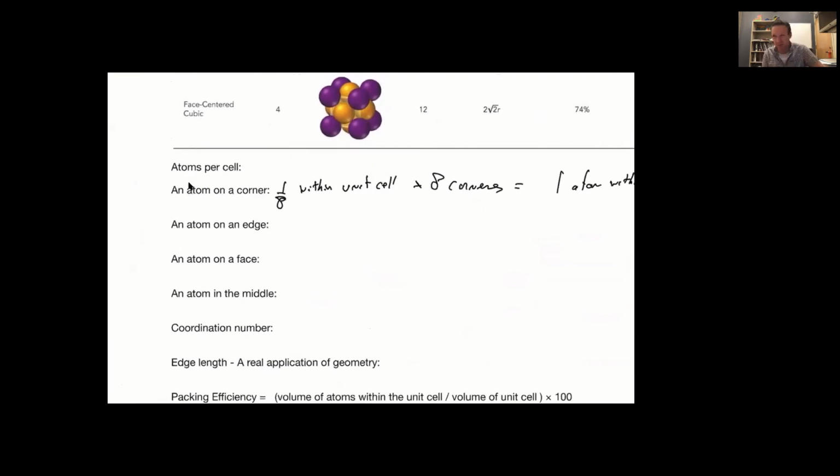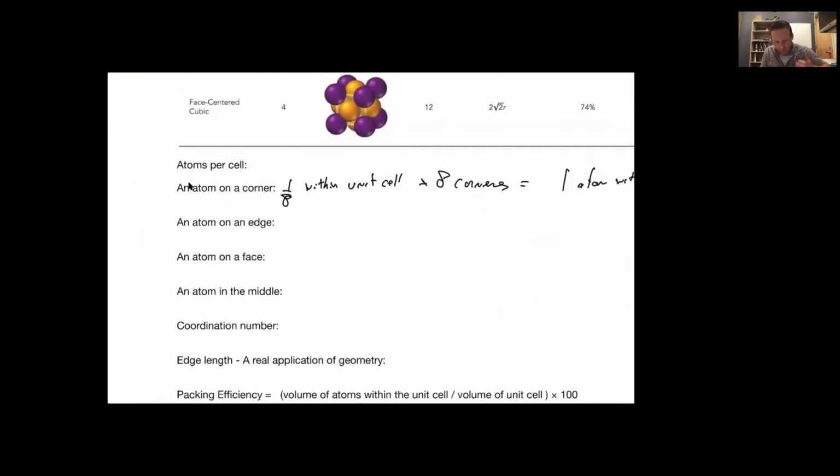Corners are sort of the trickiest to see. The rest of them get a lot easier. If an atom is on an edge of a unit cell, it's 1/4 within that unit cell. It's within 4 different unit cells. So 1/4 within unit cell.